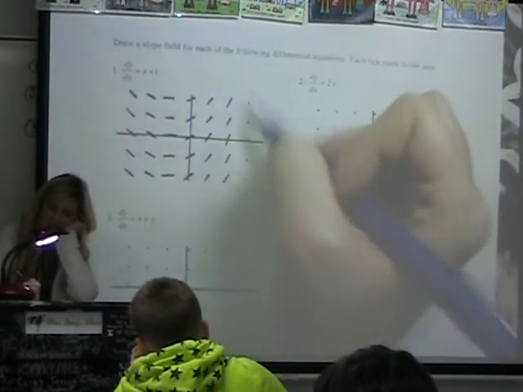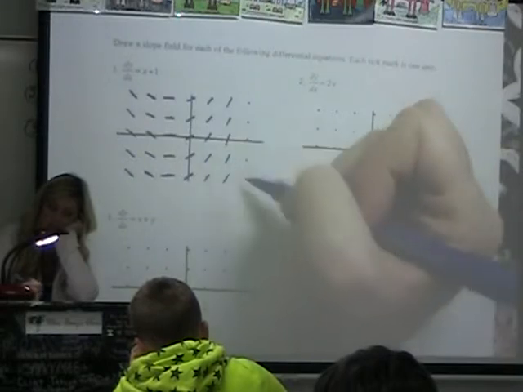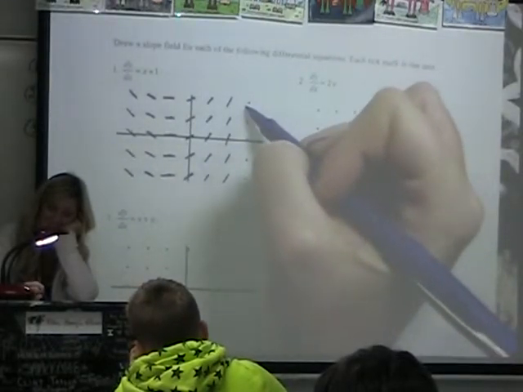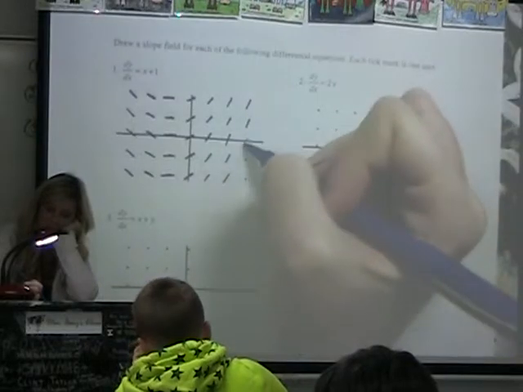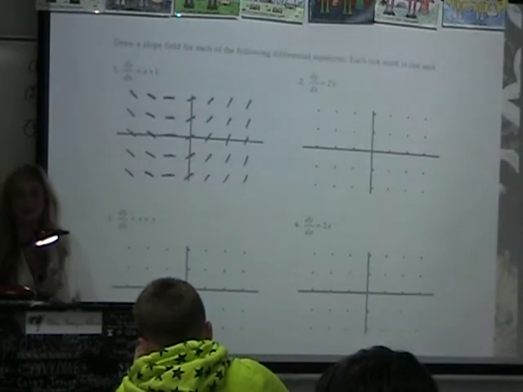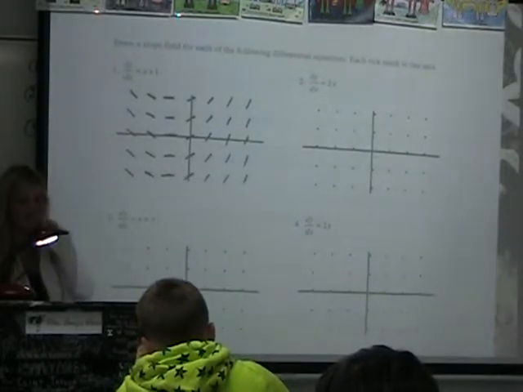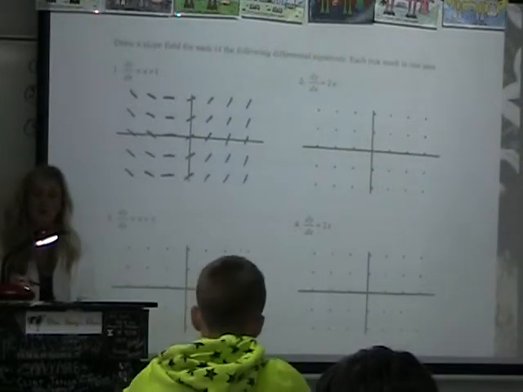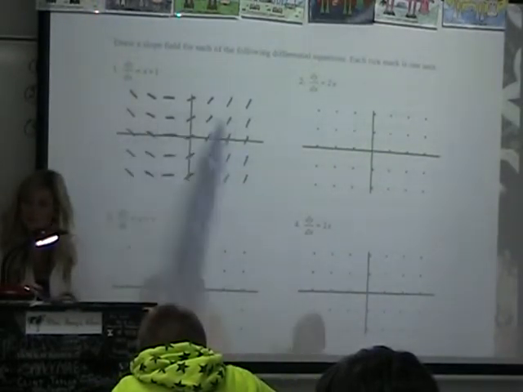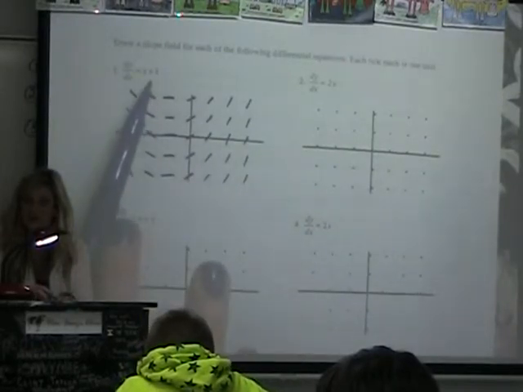And last, where x equals 3? 4. Again, these don't have to be perfect, but you want to just try to eyeball it and do the best you can. So what this represents is our slope field for that particular differential equation.